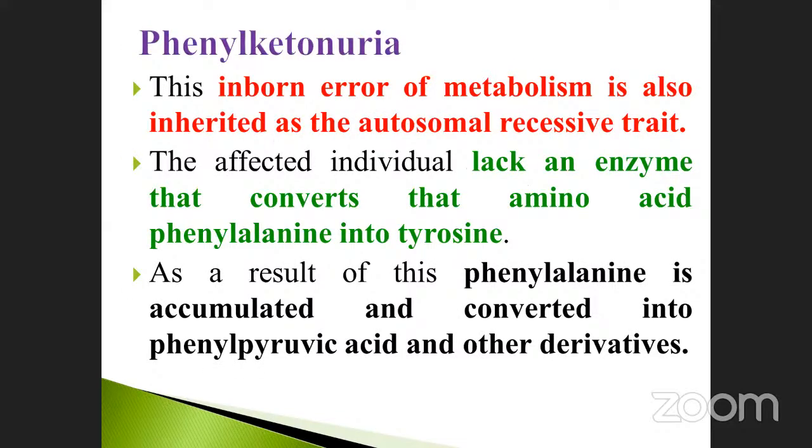Don't forget. The remaining one is phenylketonuria. It is another one, but in this category, it is an inborn error of metabolism. Sometimes they may ask which one of the following is an inborn error of metabolism. Phenylketonuria. Don't forget, my dear. It is also inherited as an autosomal recessive type. All are recessive characters only.